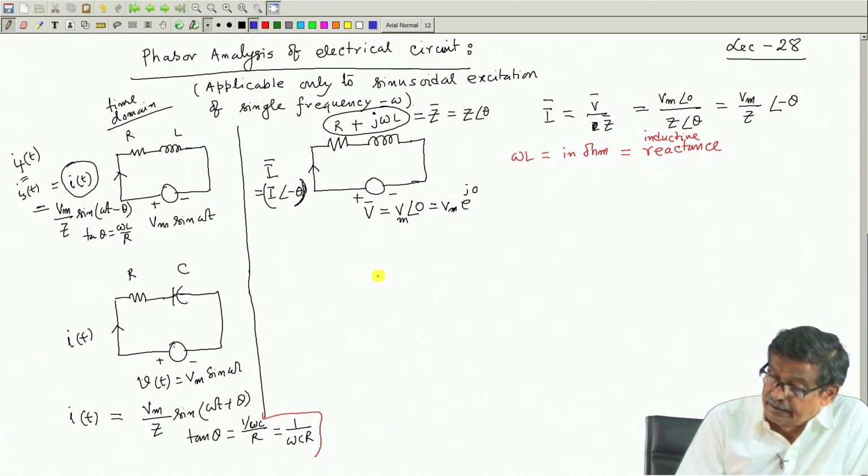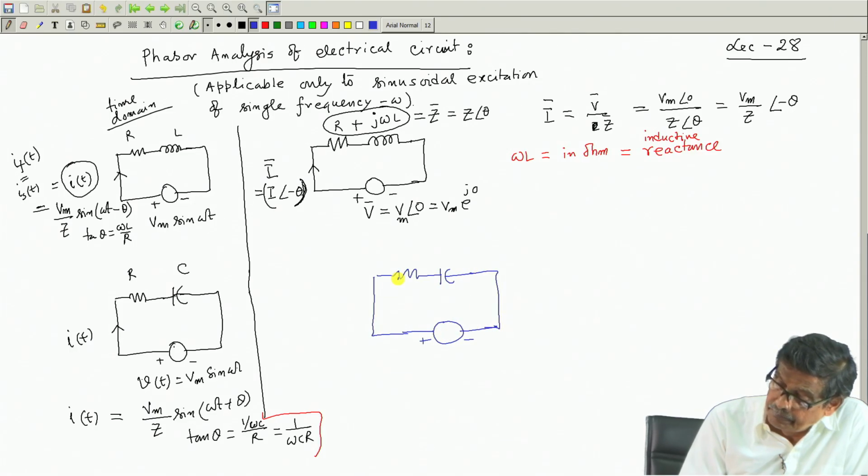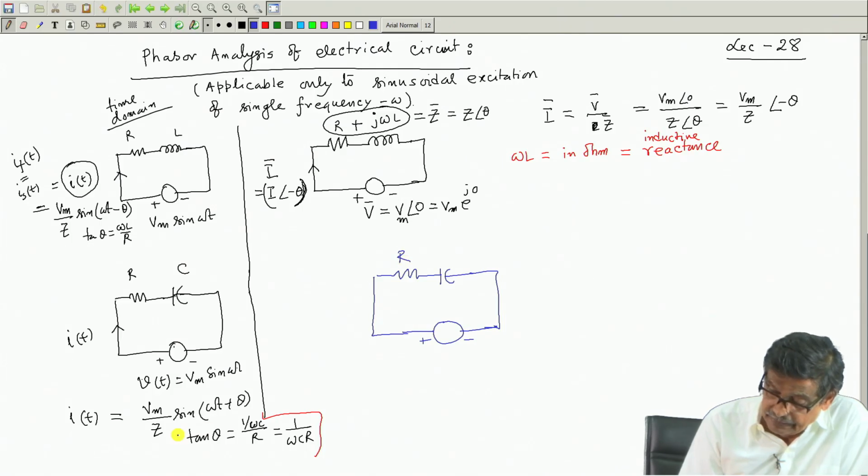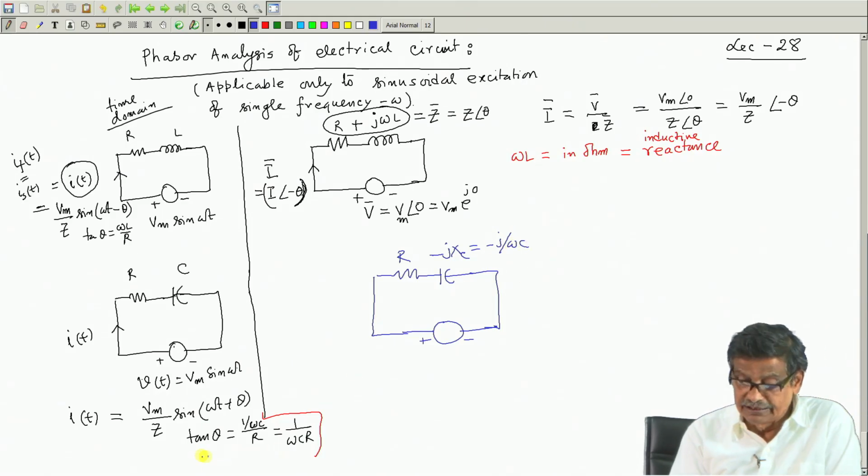Then once again you can draw the circuit in terms of phasors as R, then capacitance, everything I will now convert to phasors, plus, minus polarities are maintained. So, R will remain R, and this is actually minus j X c, which is equal to minus j over omega C, because from this I know this.